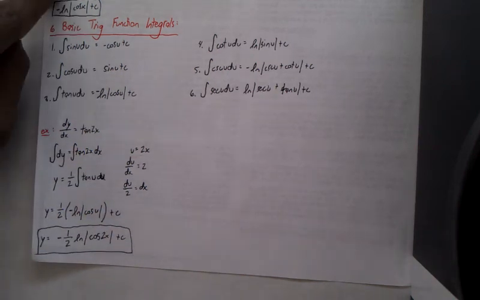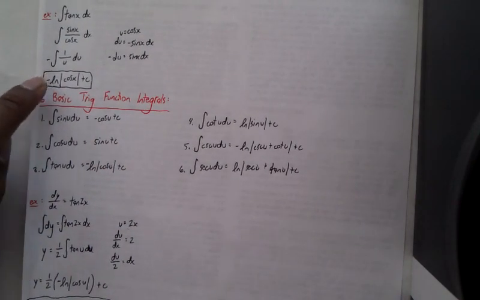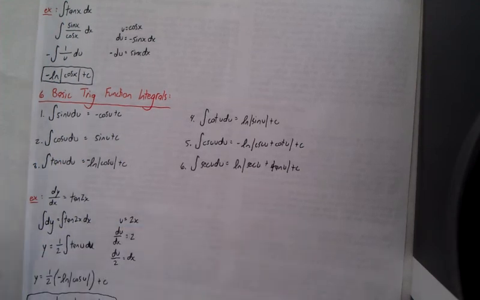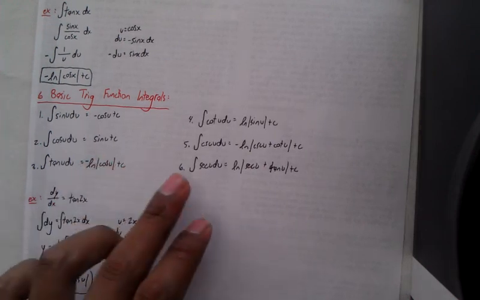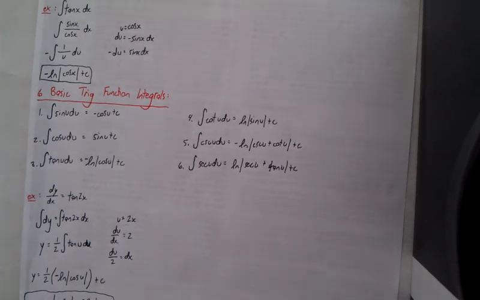Some of these, like tangent, it was pretty easy to prove and find out what it came to be, but some of these are a little bit harder, like the secant u du one. To prove that one requires a method that not many people would think of right off the top of their head. So I just memorized these 6 things. Yeah, so there's 5.2.